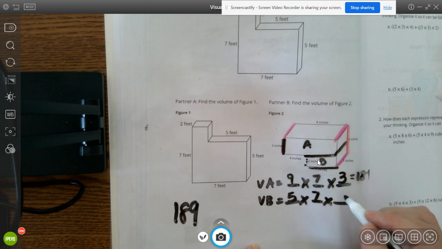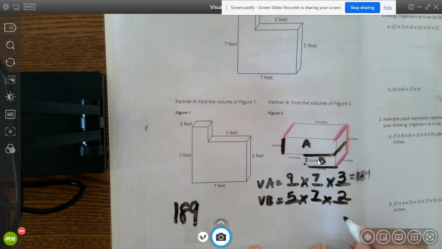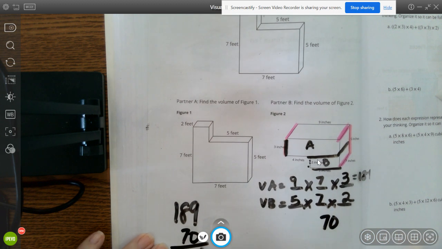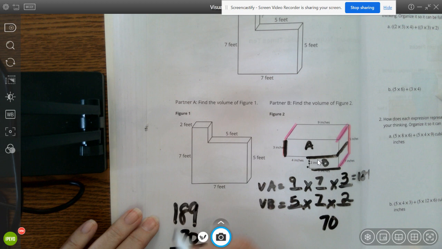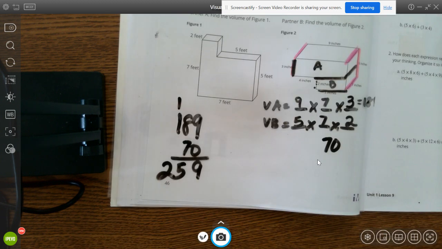It's 2. 5 times 7 is 35, and 35 times 2 is 70. Now I need to add both my boxes. And it comes up to 259. Pause this and make sure you get it.